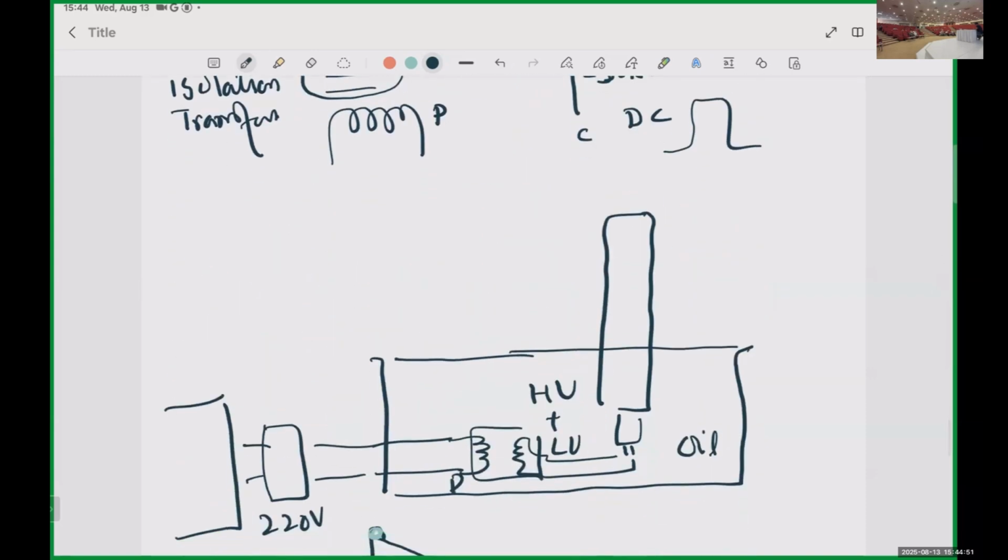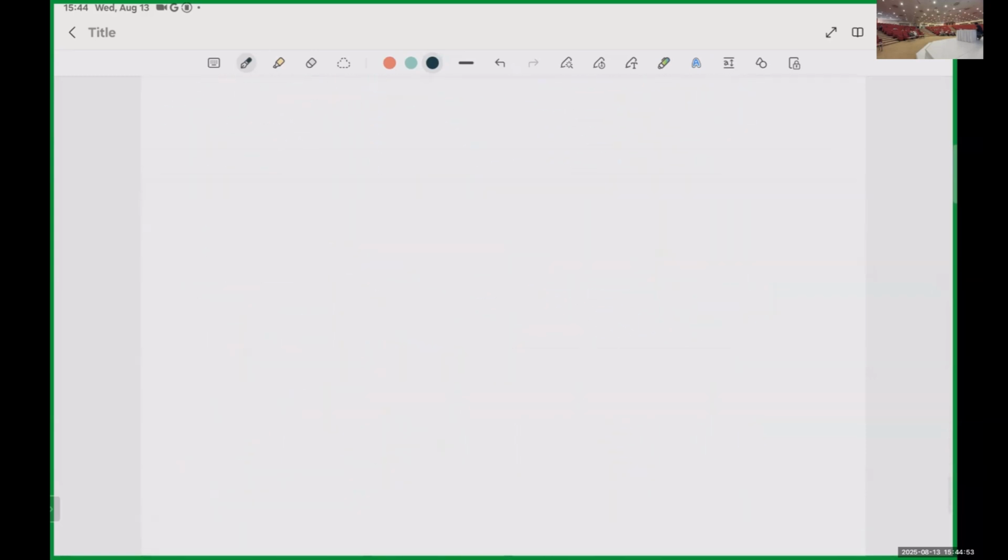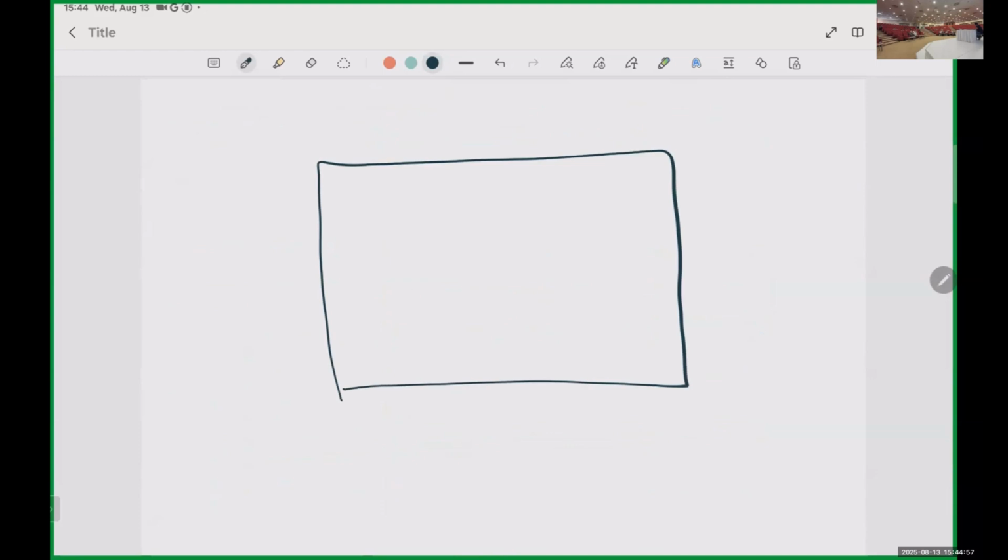Let me draw a bit of the isolation transformer, what it actually is. You have this core.